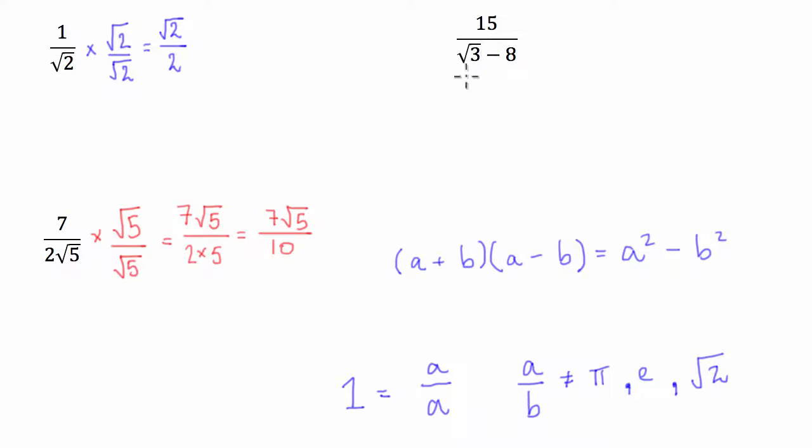So we're going to multiply both of these by a version of the difference of perfect squares. I'm still multiplying this fraction by 1 because I don't want to change the value of the fraction. The denominator here is the square root of 3 minus 8, so I'm going to put on this fraction the square root of 3 plus 8. And on the top, I'm going to do the same thing.